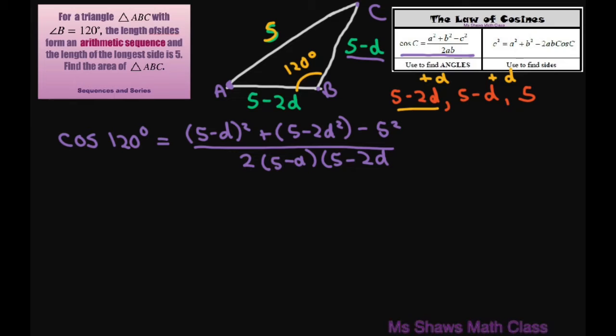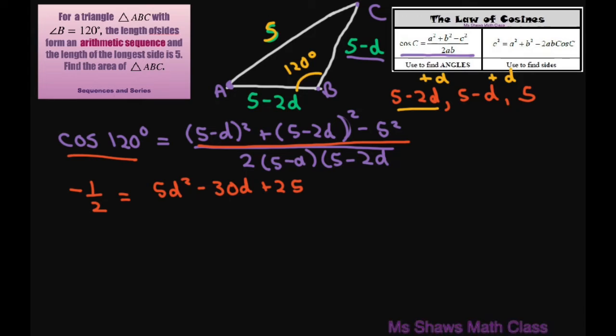This is negative 1/2, so you have negative 1/2 equals, simplifying this, 5d squared minus 30d plus 25.